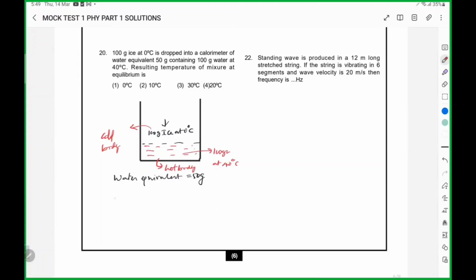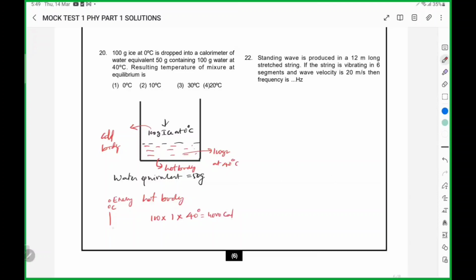What is the energy associated with the hot body? By taking reference as 0 degree centigrade, 100 grams of water, specific heat 1, and temperature 40 is 4,000 calories.